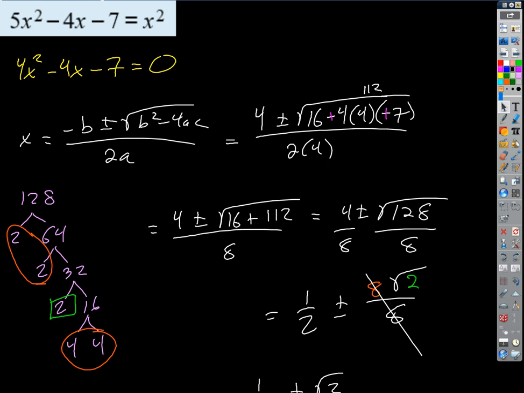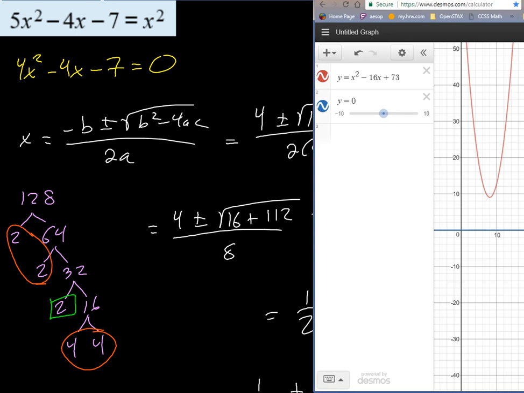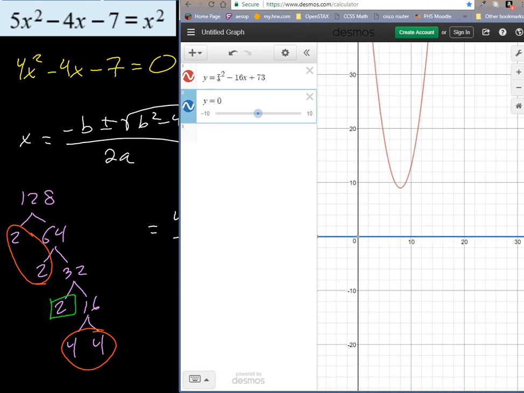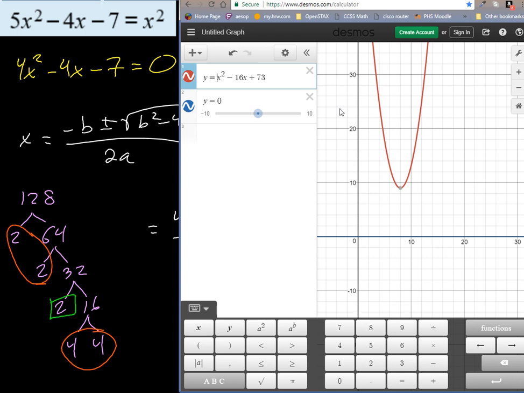Oh, wrong thing. Okay, so what did we say? 4x squared. We're graphing the yellow one, right? 4x squared minus 4x minus 7. All right, so we get solutions, sure enough.